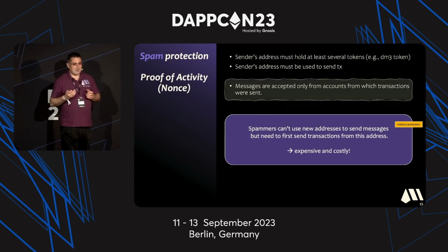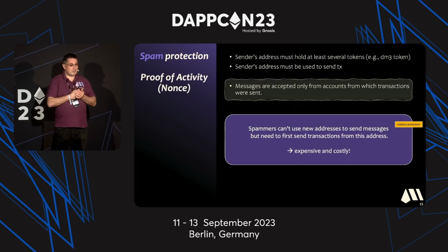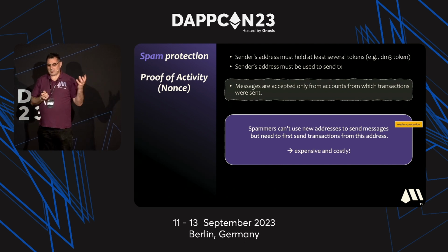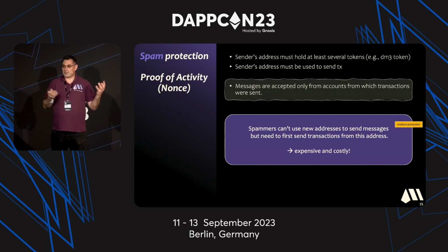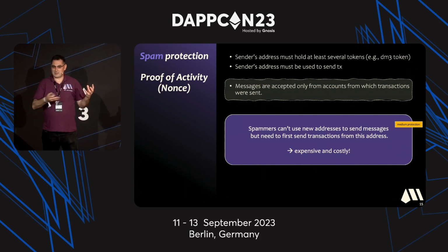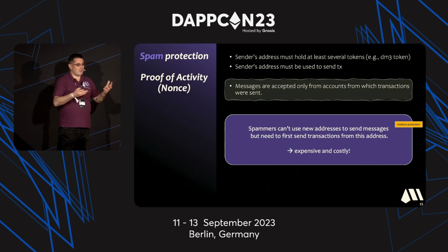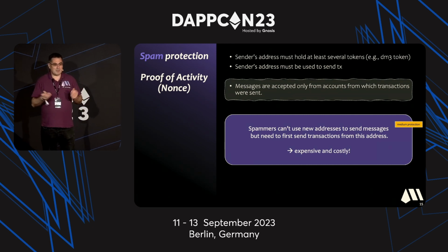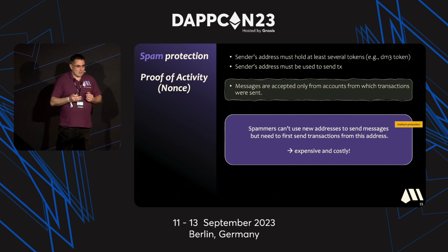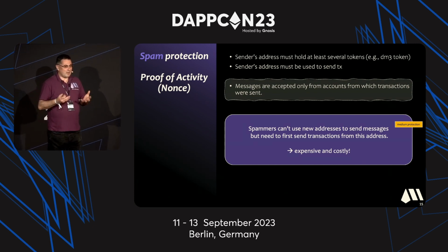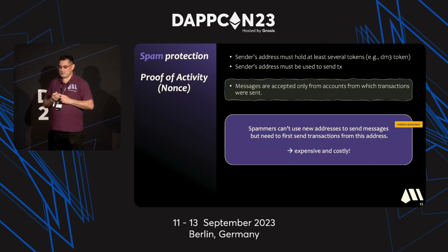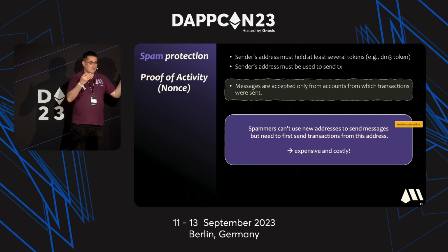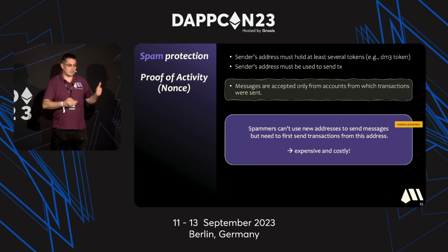The next thing is that we can prove the activity of the node. The address of the sender can be checked to see if the nonce is higher than 0. If this is a new address, the nonce is 0, which means nothing has been done with this address in the past. If I want to prevent spammers from sending spam from newly generated addresses, I can say I only accept messages if the nonce is above a certain value, maybe 1, maybe 5 or 10.